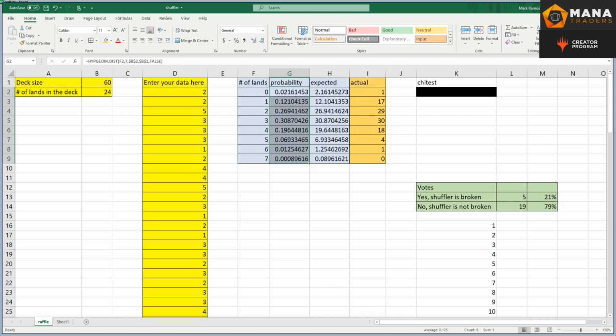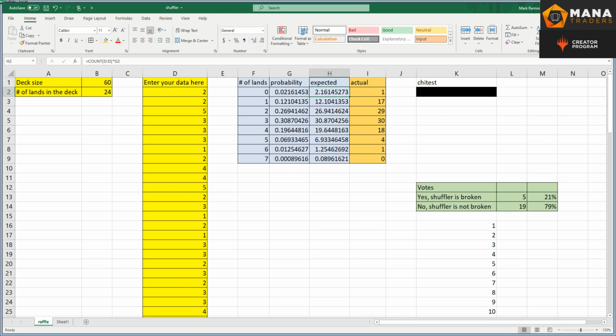And if we get the exact number of average occurrences out of 100 trials, these should be those average occurrences. These probabilities multiplied by 100 will give you these.